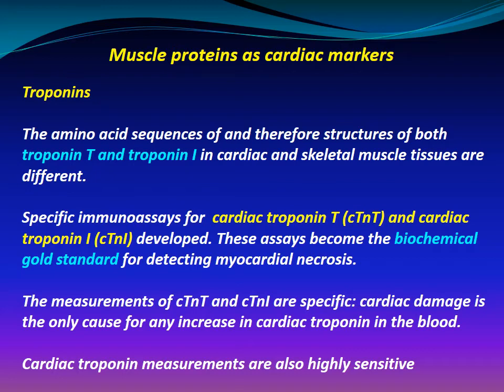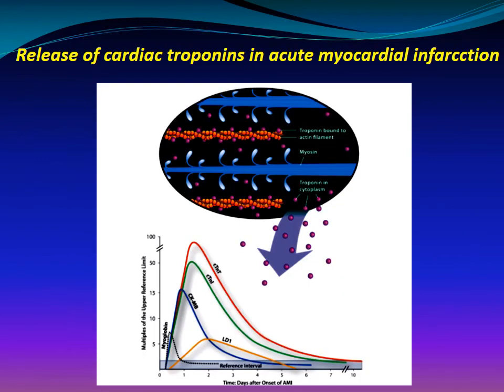These assays became the biochemical gold standard for detecting myocardial necrosis. The measurements of cTnT and cTnI are specific. Cardiac damage is the only cause for any increase in cardiac troponin in the blood. Cardiac troponin measurements are also highly sensitive.